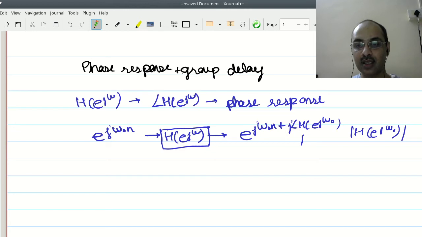So this gives you an indication of what the phase response does. It shifts the phase of a sinusoid by that precise amount.